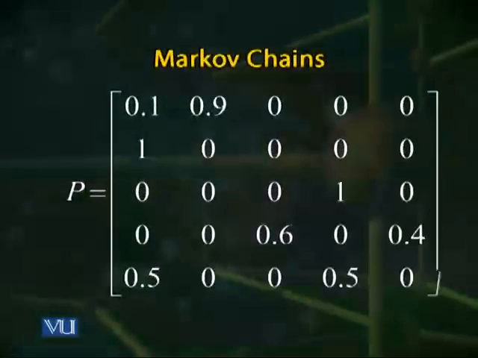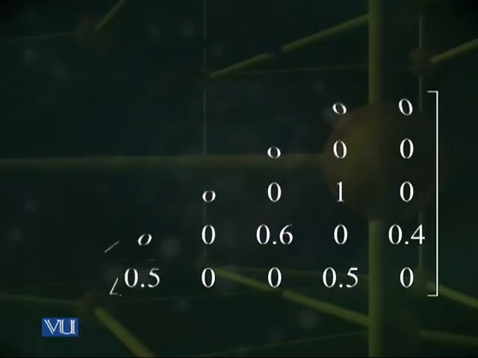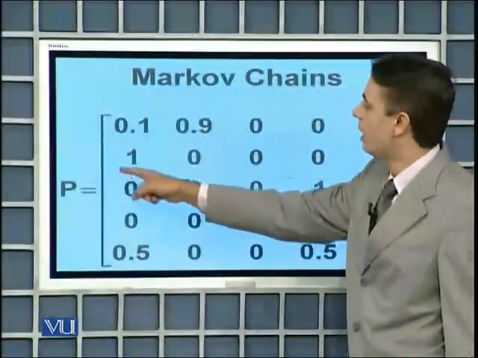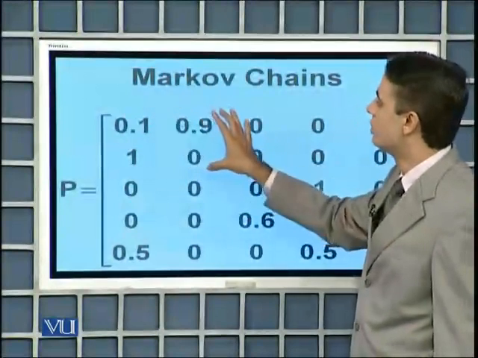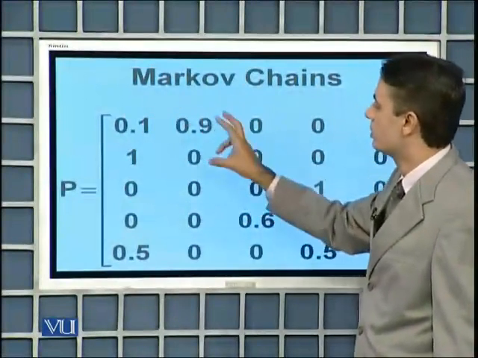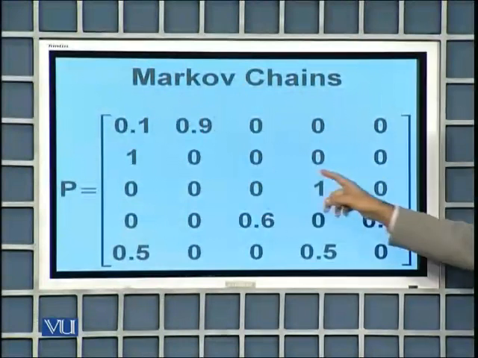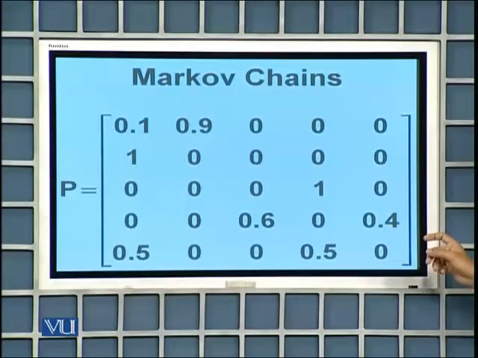And if you look at the one-step transition probability matrix of this Markov chain, you will see that in the top left-hand corner, the 2 by 2 sub-matrix is a proper stochastic matrix, and this lower right-hand corner 3 by 3 sub-matrix is not a proper stochastic matrix.